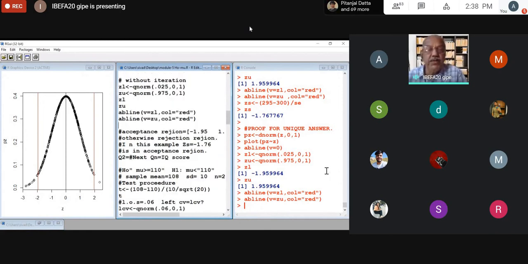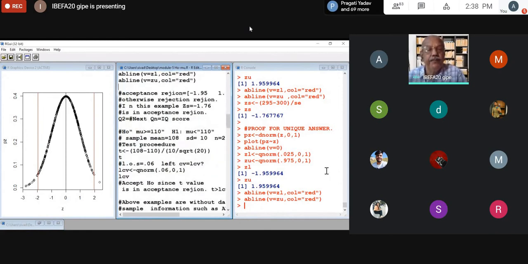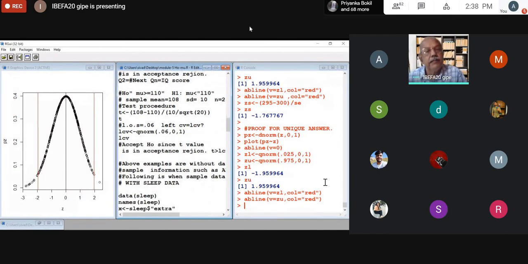The next question was on IQ. It is greater than or equal to, or less than, so it is a one-sided hypothesis. R always shows a T instead of Z, so we have to use the notation T. Compute it.